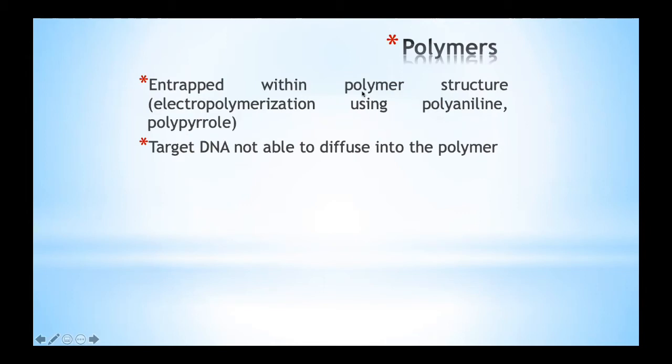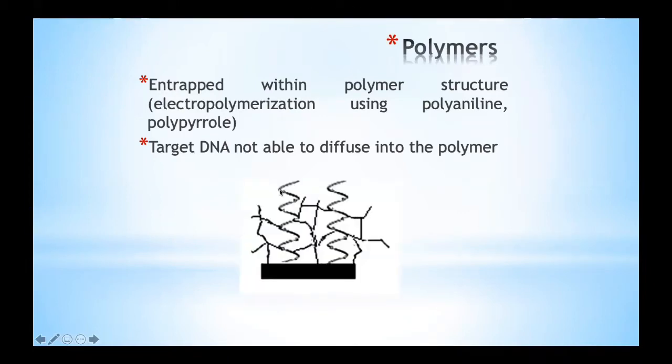Polymer has certain porosity that gives the exposure of the biomarker or chemical marker towards the target analyte. However, due to the size of the porosity, it will sort of inhibit the target analytes or target DNA to be able to diffuse into the polymer to interact with the DNA probe or biomarker inside the polymer.